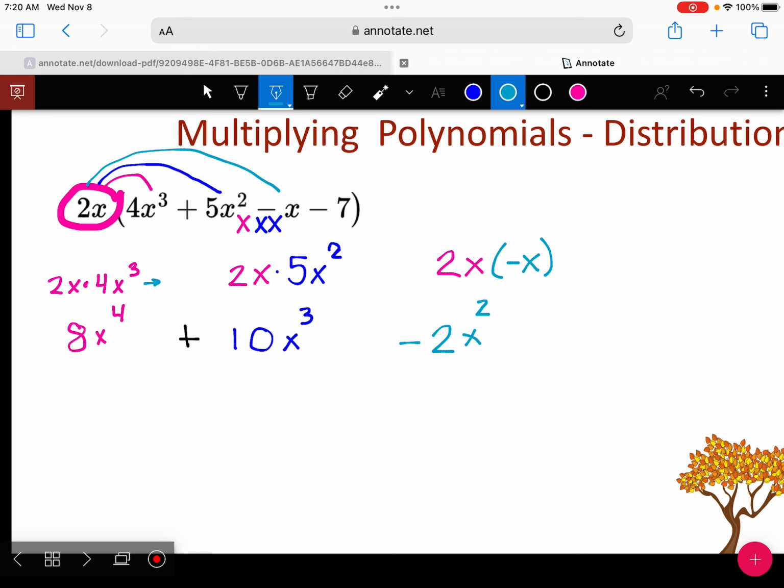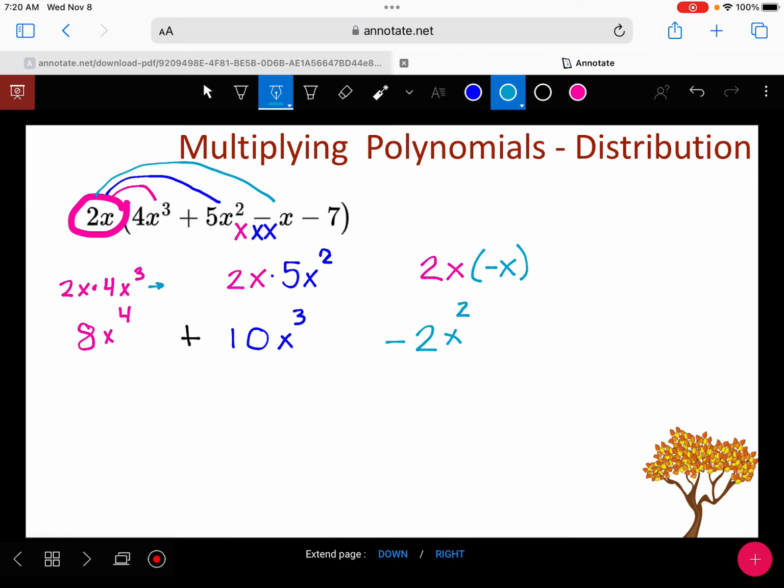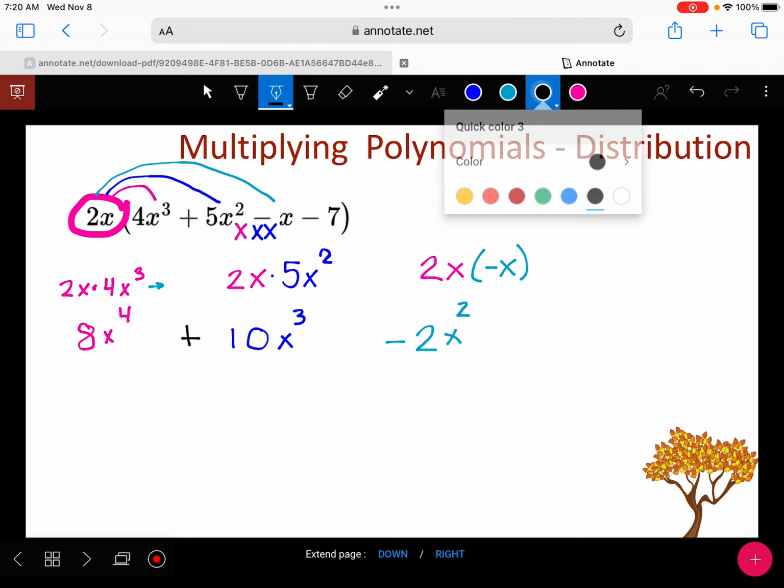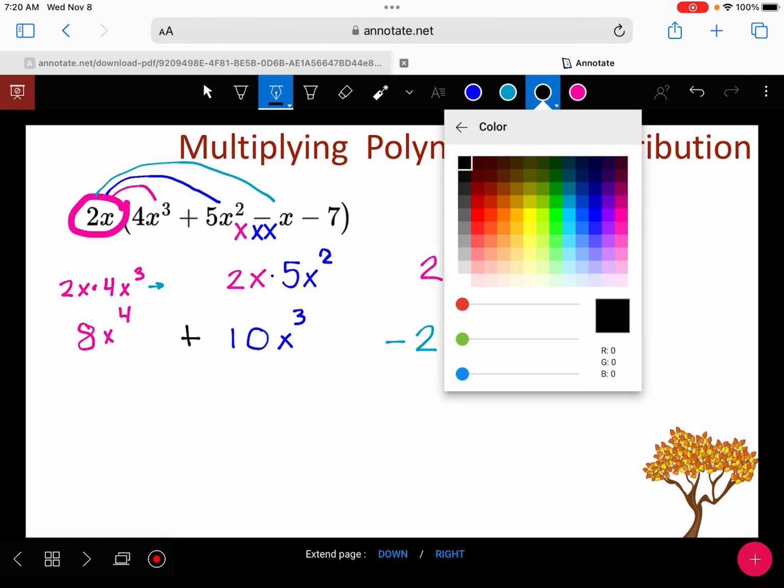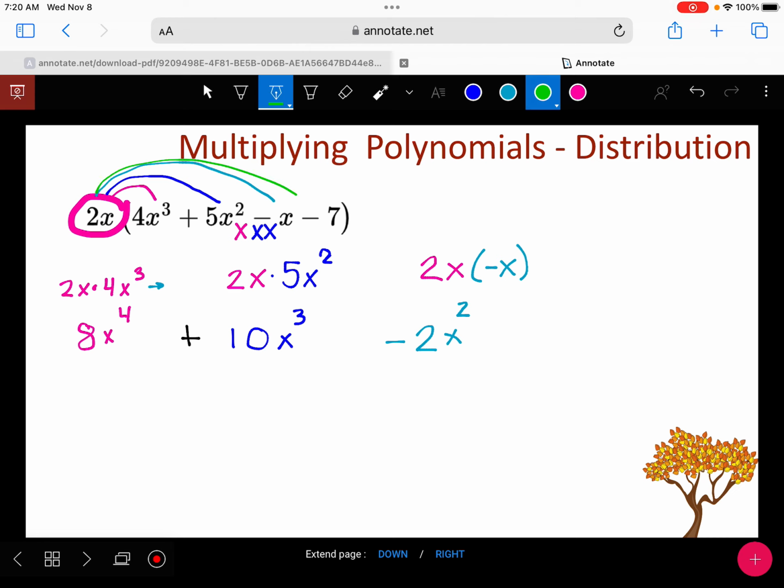It's x squared, right? And then we have one more term to look at here because I need to take this 2x times this minus 7. And we have 2x times minus 7. 2 times negative 7 is negative 14. And then it has an x.